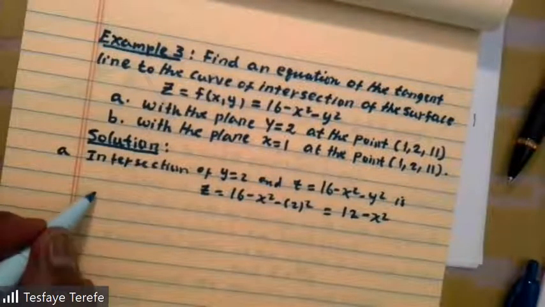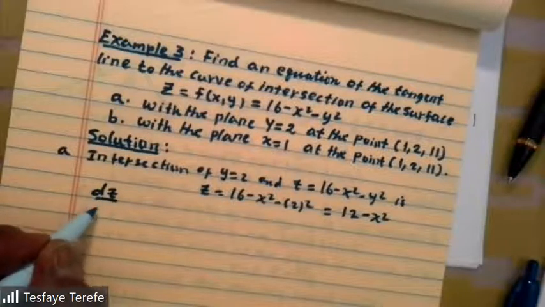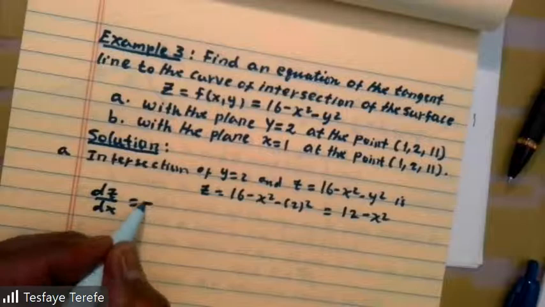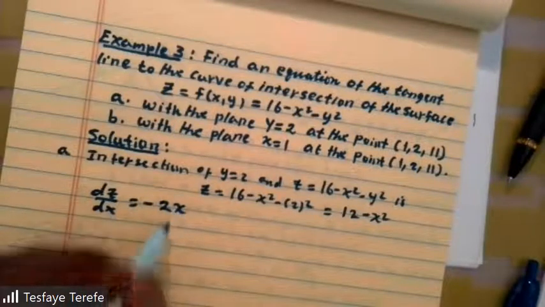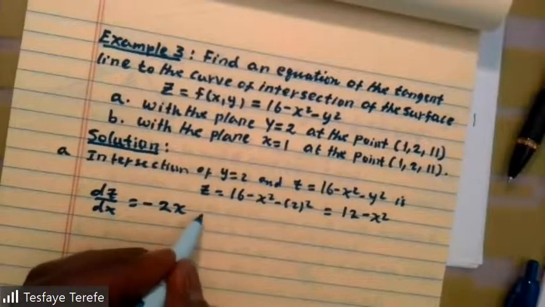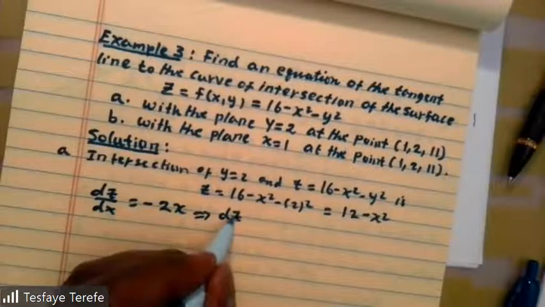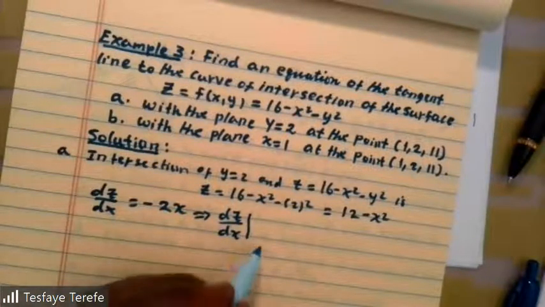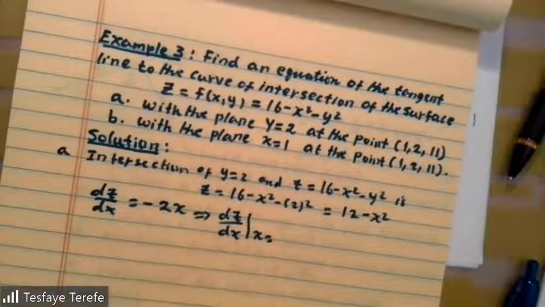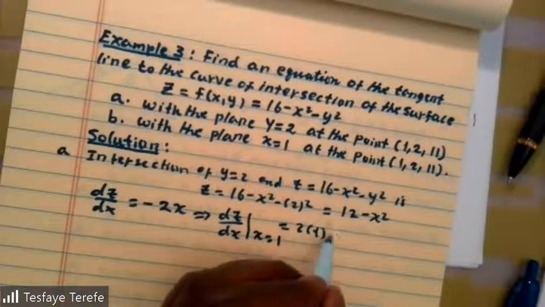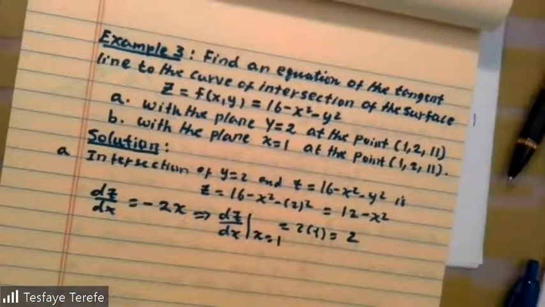As you see, dz/dx equals negative 2x. From here, dz/dx at x equals 1 means negative 2 times 1, which is negative 2. This is m.